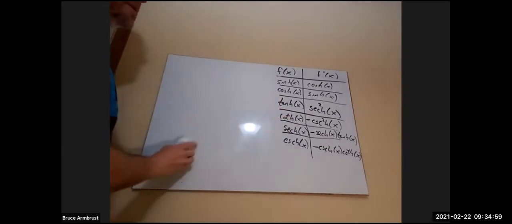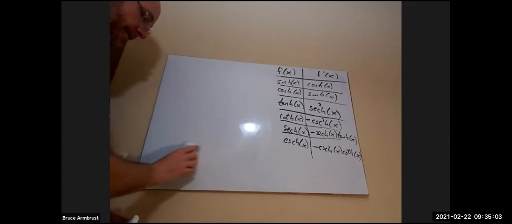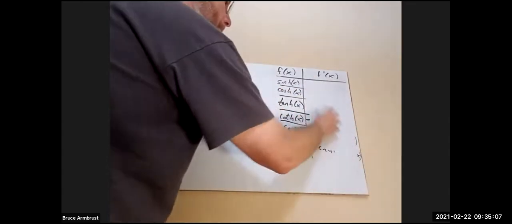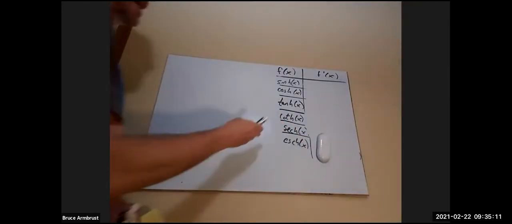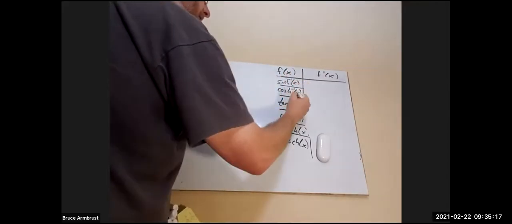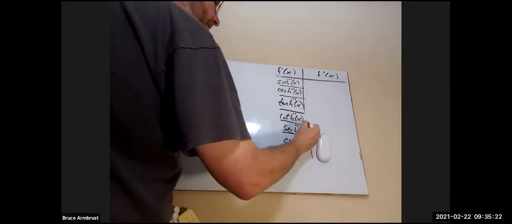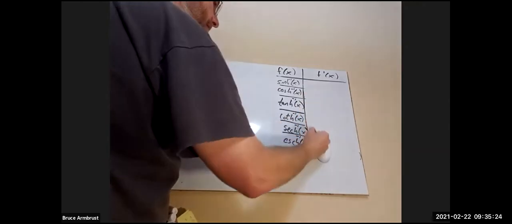All right. So this one held the regular hyperbolics. This next one is going to have the inverses. So I'm going to put little minus ones in here for the inverse functions.